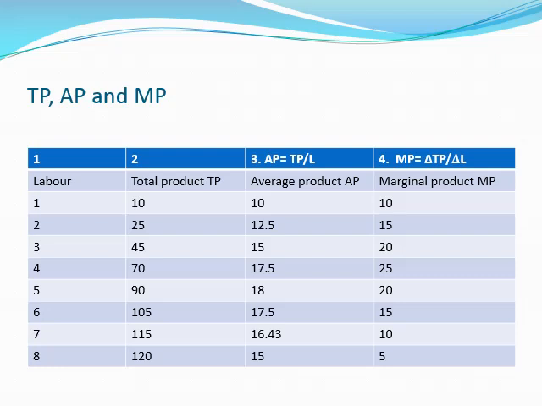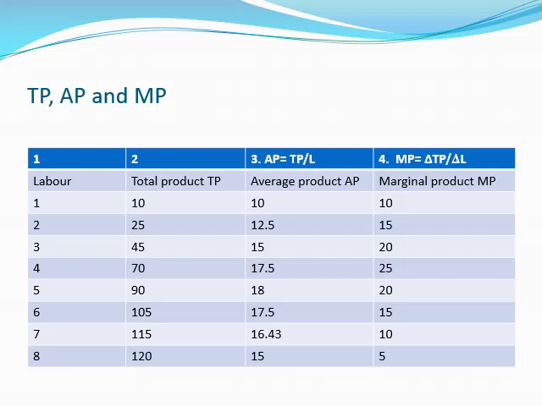Given eight levels of labor respectively, given total product TP, we are looking at finding average product and marginal product. When L equals 1, total product is 10, average product equals 10 over 1, which is 10, and marginal product is also 10 at one labor.